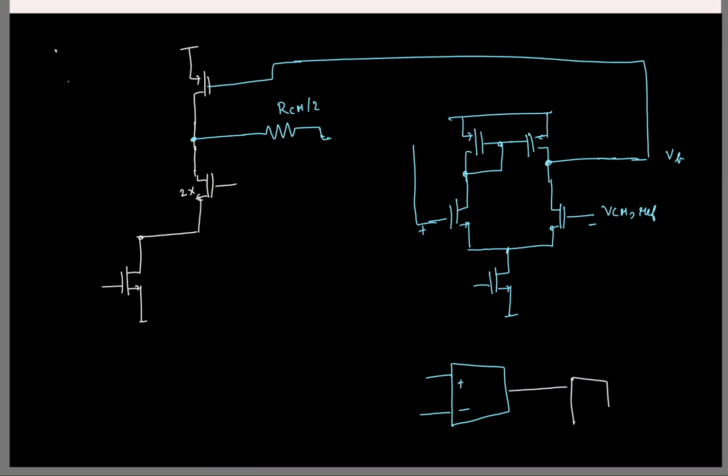And my PMOS is the second stage. And from the output, basically I have this resistor RCM and I'm putting it in feedback like this. Okay, so now I have to put a capacitor CC like this, right? So the capacitor is going to come here. That's all.